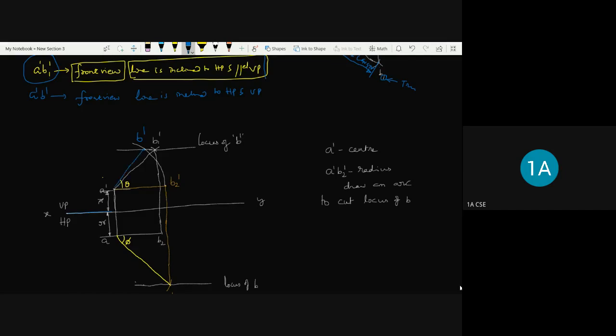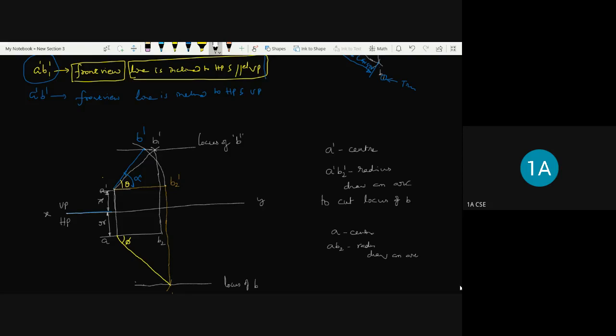Join A dash B dash. Now the angle made by this A dash B dash is called alpha. Similarly, I'm going to take A as a center, AB2 as the radius. Then I'm going to draw an arc to cut the locus of B in the top view.